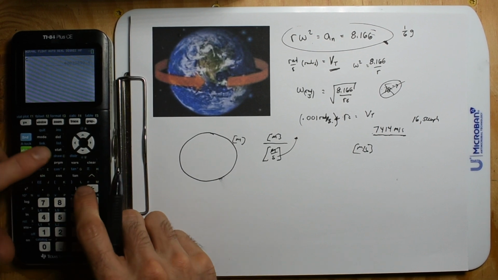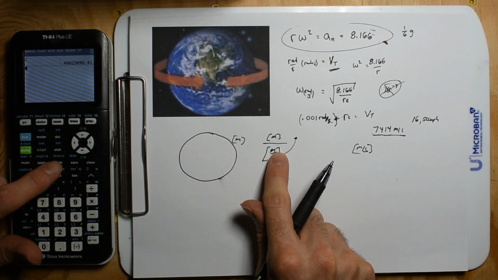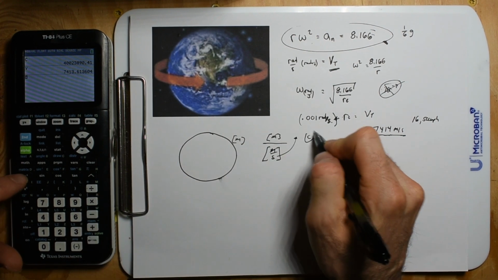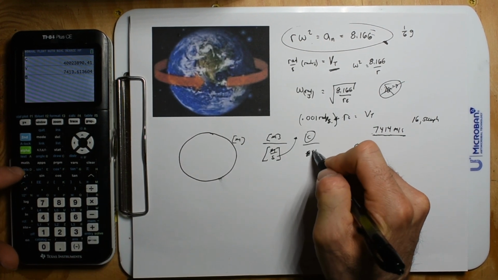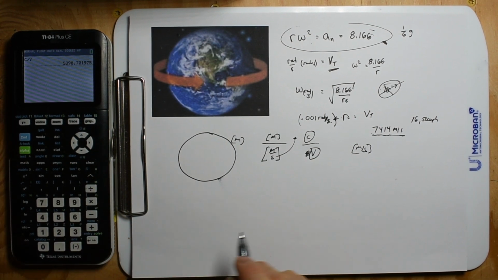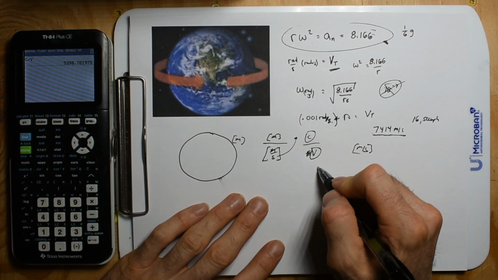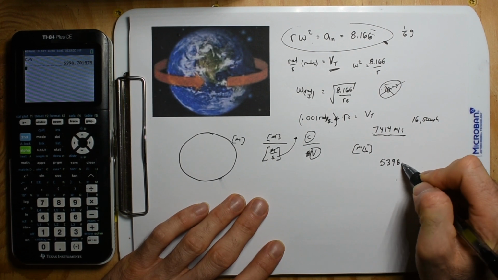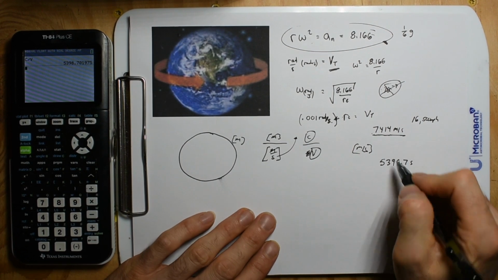So we have that circumference, and then we have our tangential velocity. So we take alpha C in my calculator divided by alpha V, and heck yeah, we get 5,398.7 seconds.